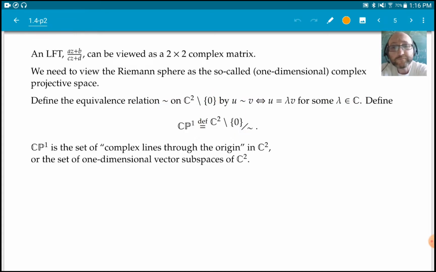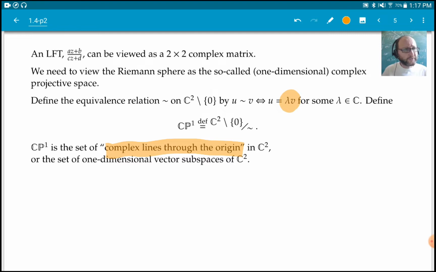Now, CP1 is therefore a set of complex lines through the origin, because a complex line, what people call a complex line, is basically a copy of C. And so what we have here is the set of all multiples of a non-zero vector.